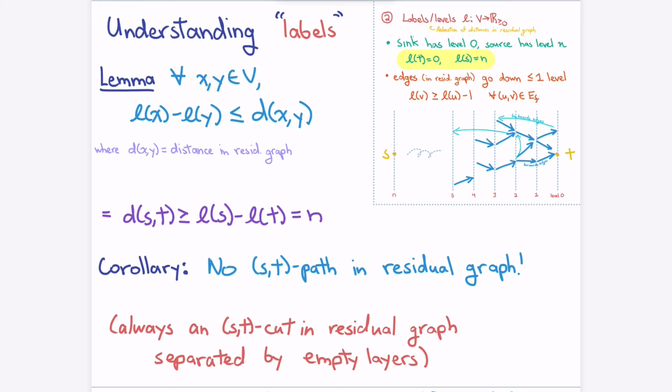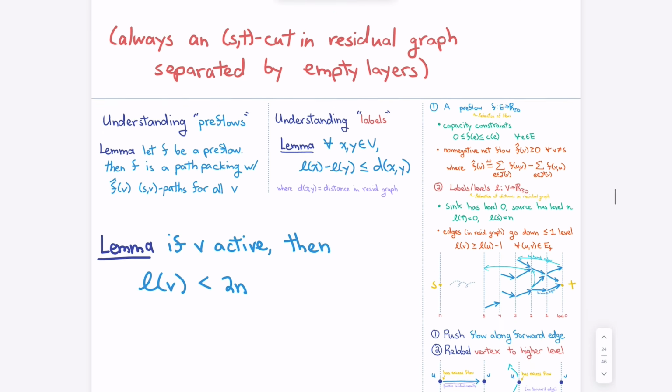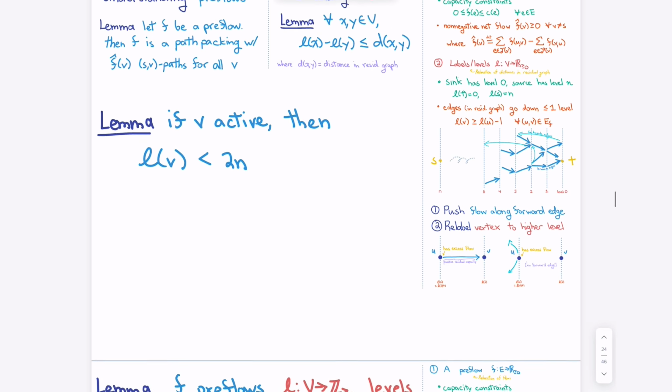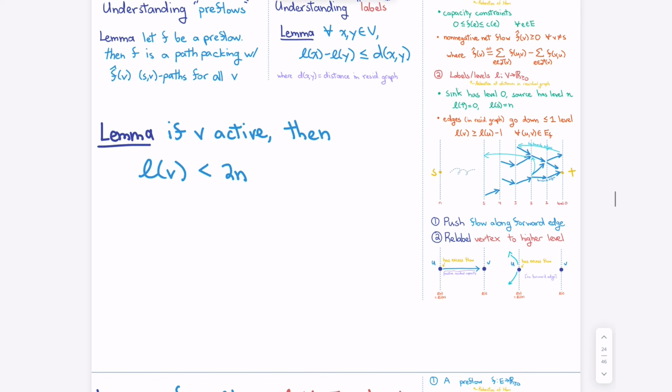So in our residual graph, we'll never actually have a path from S to T. The algorithm always maintains certain S-T cuts in the residual graph, not necessarily the optimum one.